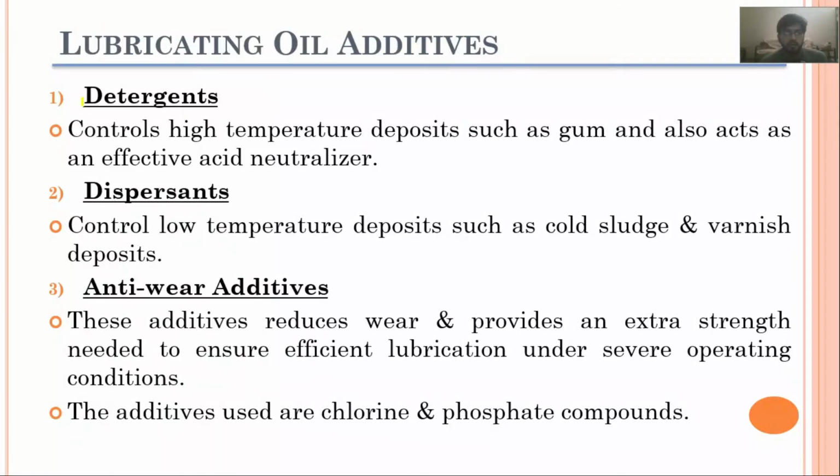Moving forward, discussing the detergents. As I mentioned earlier, the base oil in the lubricant consists of some olefins, and at higher temperature these olefins will combine with oxygen to form oxides, and they will form a gummy material which will be deposited between the moving surfaces and may restrict the movement of these moving components.